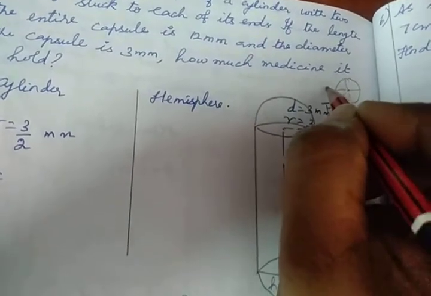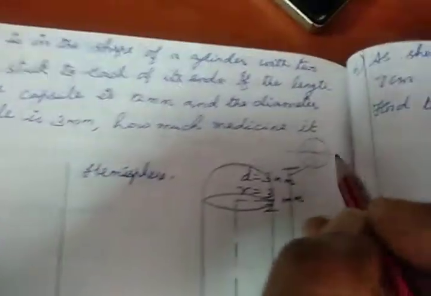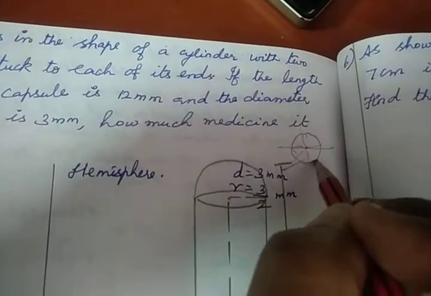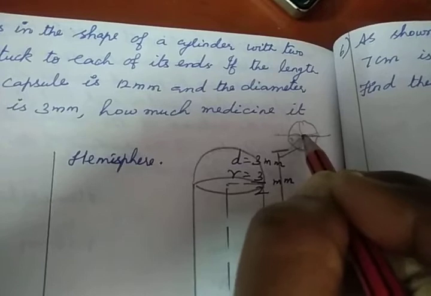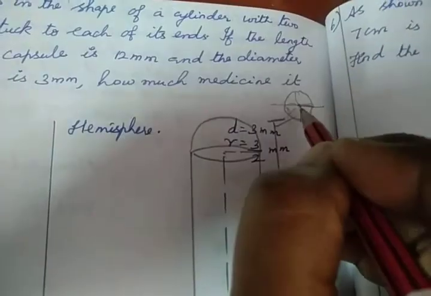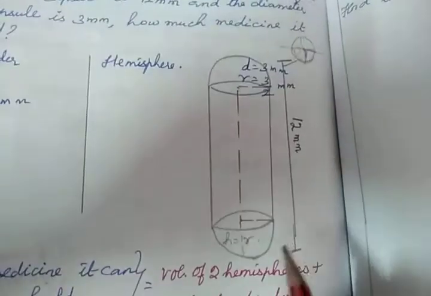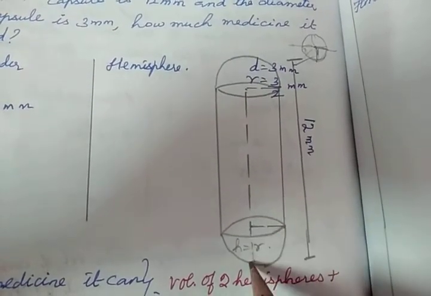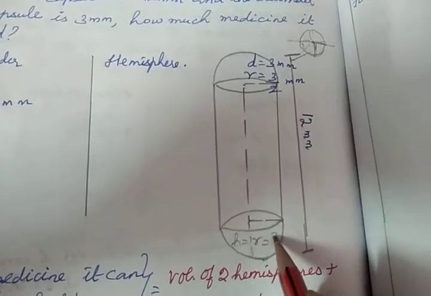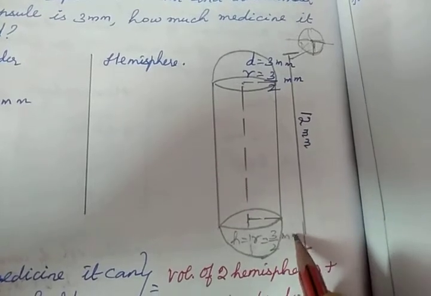If I cut the sphere into two, it will become a hemisphere. Hemisphere is this part alone. From the center to this is radius, and this can be mentioned as height also. Height and radius are equal. If this is 3 by 2 millimeter, this is also 3 by 2 millimeter. So h is equal to r is equal to 3 by 2 millimeter.